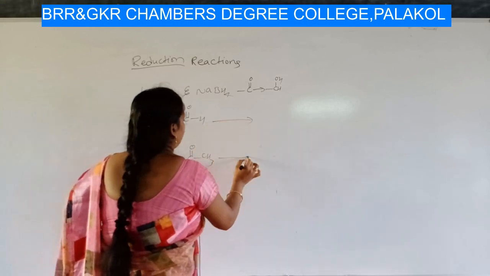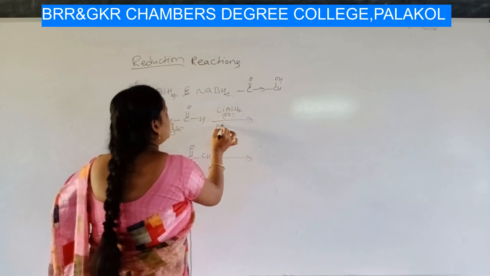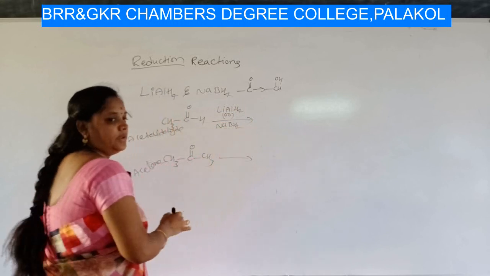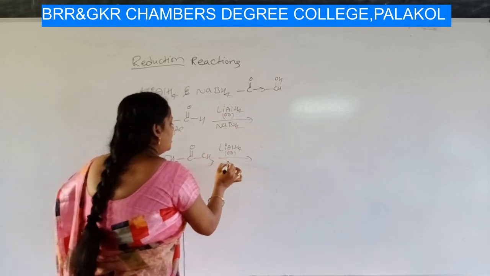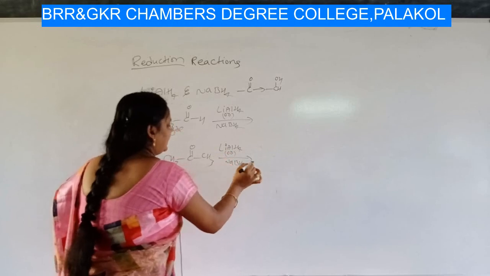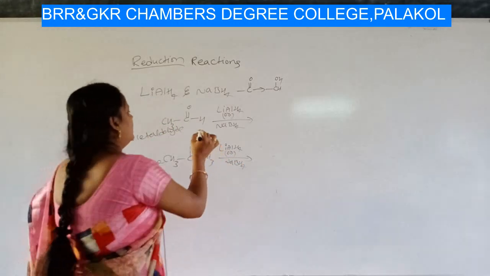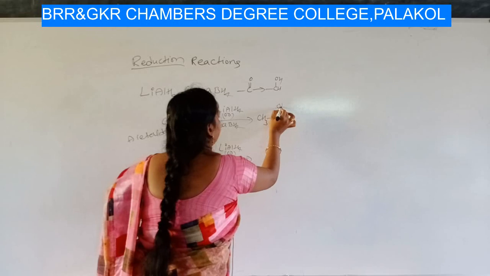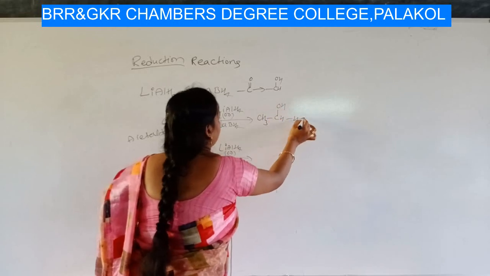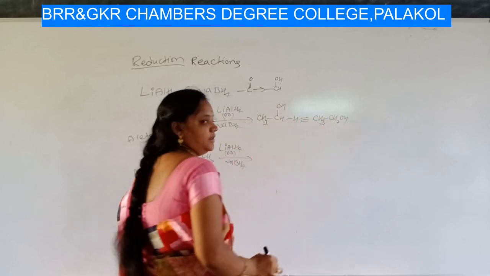If you take lithium aluminum hydride or sodium borohydride, what happens, students? C=O will get converted into CHOH, and an H here, which is nothing but CH3CH2OH, right?